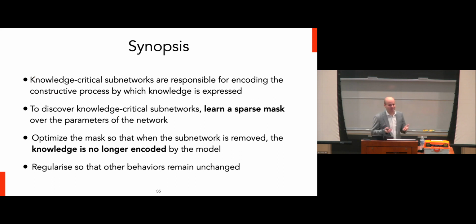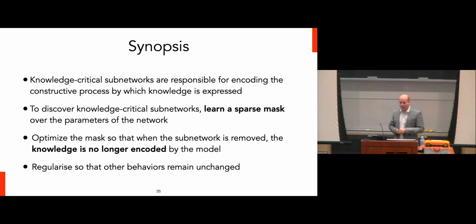We'll keep coming back to the fact that there are a lot of philosophical questions about what it means to represent knowledge as sequences, and how we remove a broad set of knowledge through just the optimization on a particular sequence. So as a quick synopsis, in general, we're defining these knowledge-critical subnetworks as being responsible for encoding the constructive process by which this knowledge is expressed.